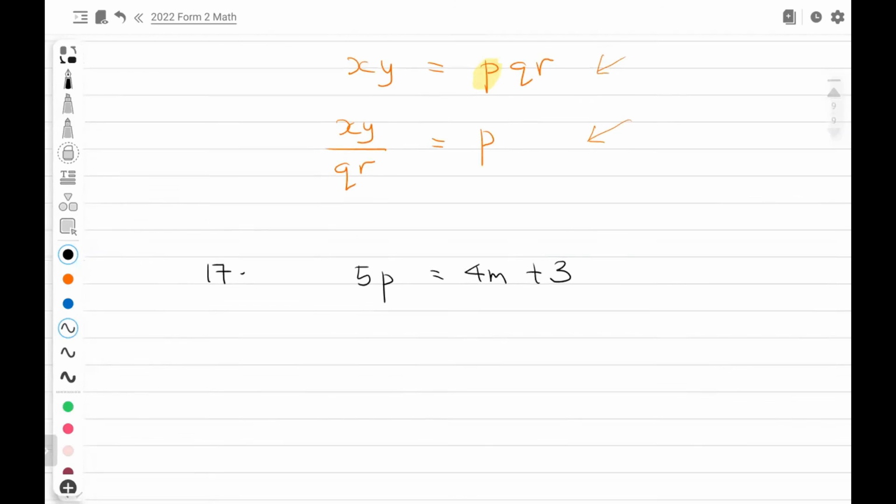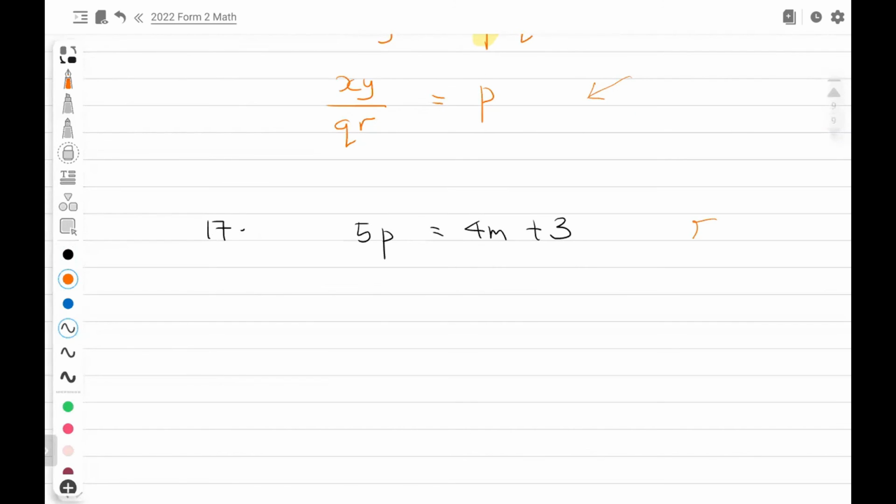Some simple one. How to make p to be subject? P equal to what? Yes, correct. Simple only. So just bring 5 down to the other side, it becomes the denominator. So when we bring it to the back, it becomes divided by 5.